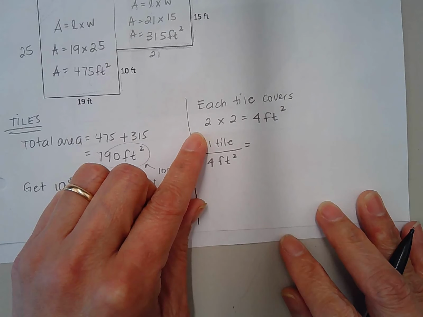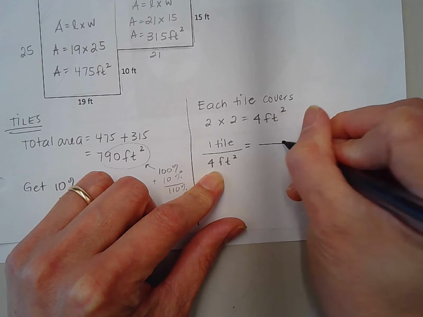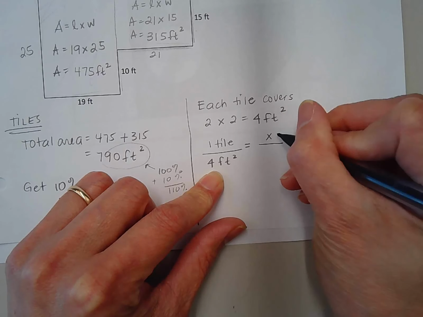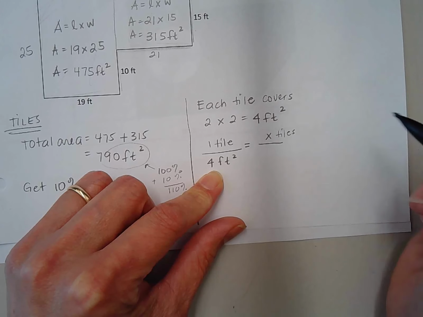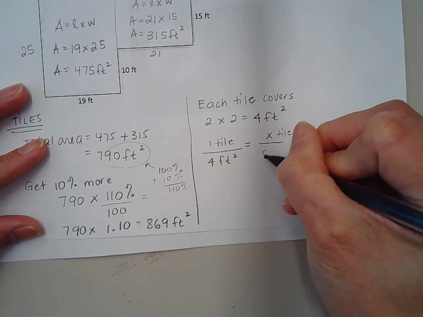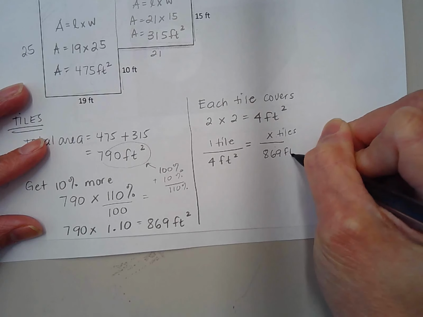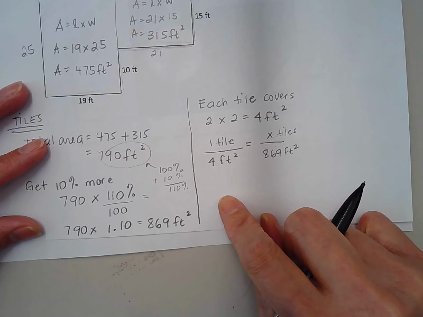How many tiles, x tiles, do we need to cover 869 square feet? So this is a proportion, right?